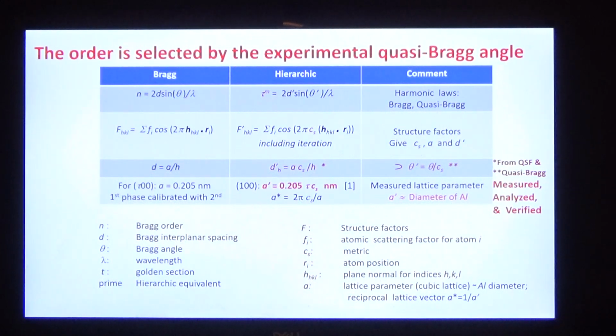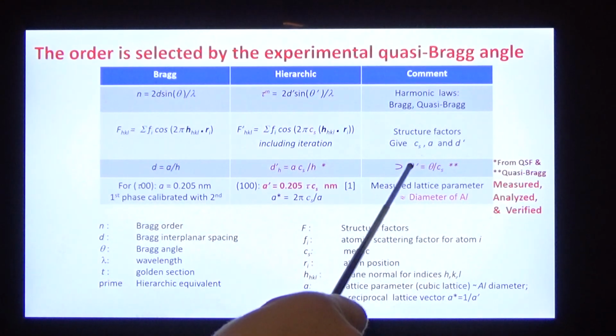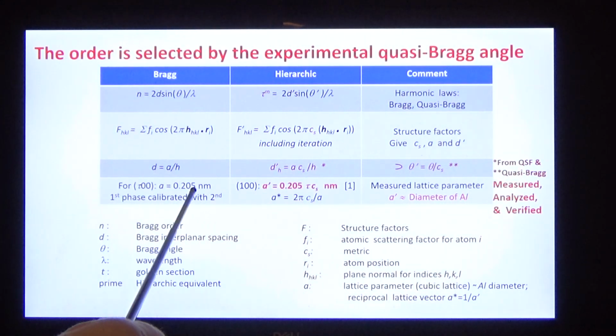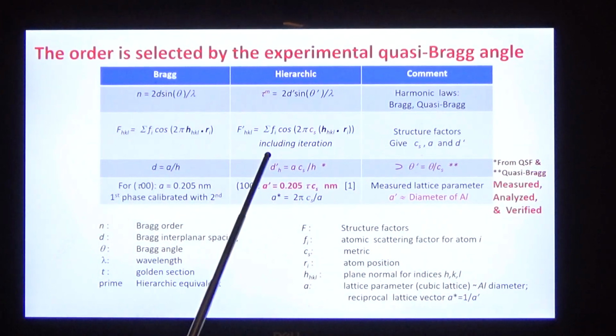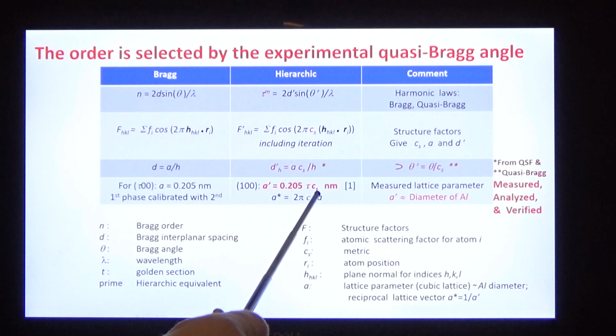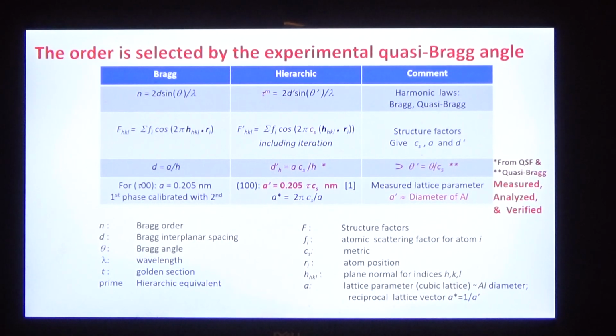So what about the measurement? This is my final point. Here's the Bragg law, here's the quasi-Bragg law, and this is how you measure the scattering angle. In the early days, several of us measured the lattice parameter and found a value of 0.205 nanometers, assuming the Bragg law, because we had nothing better. But now we do know better. We correct with the index and the metric, and we find a value of 0.29 nanometers.